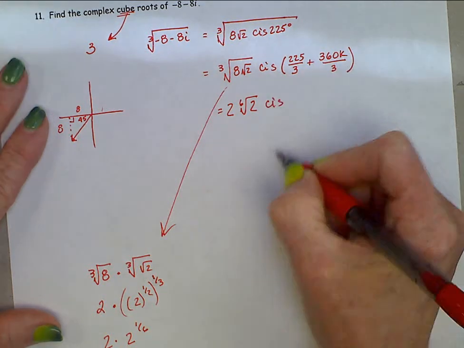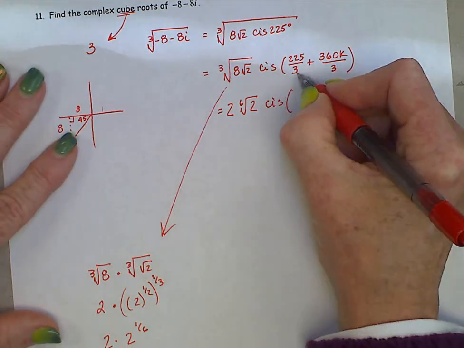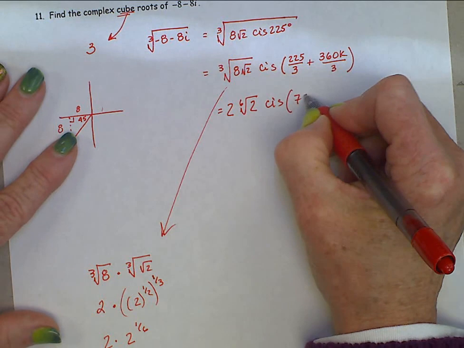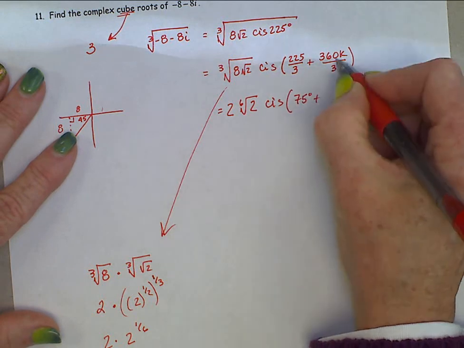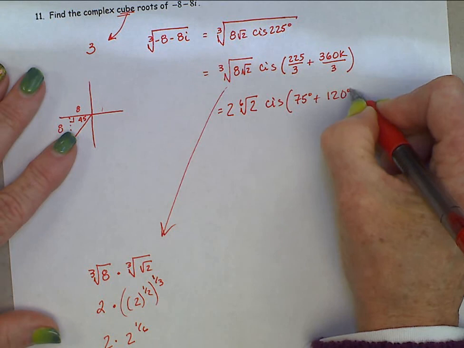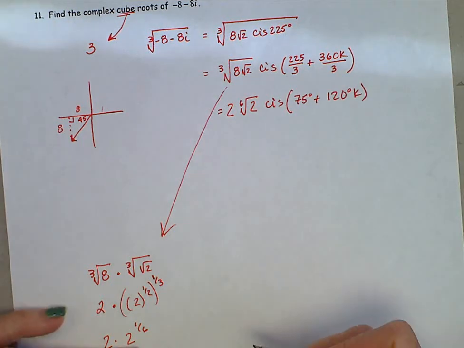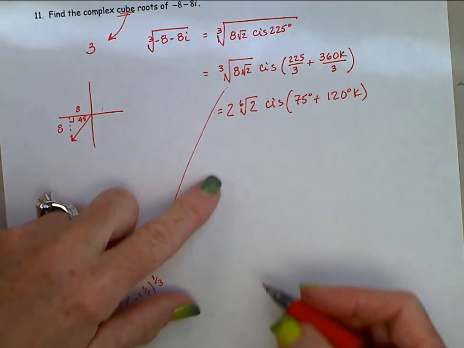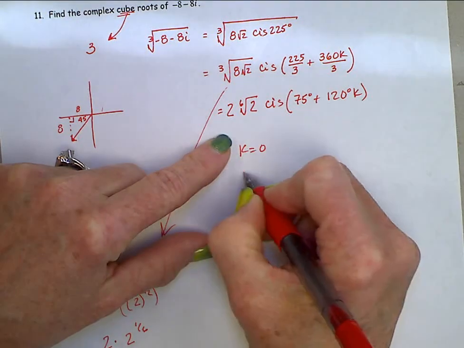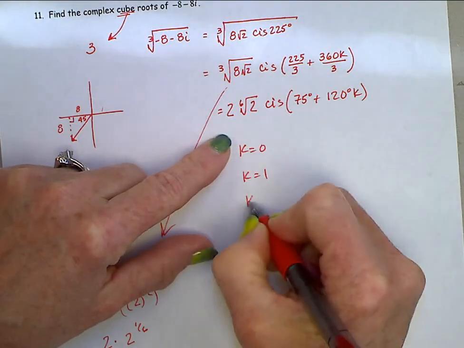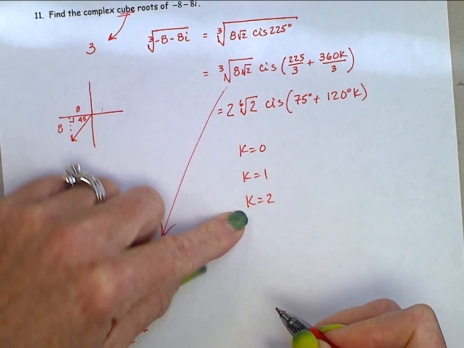cis. All right, 225 divided by 3 is 75, plus 360 divided by 3, 120k. And now to find those cube roots, we set up k equals 0, k equals 1, k equals 2, and we're going to stop right there at 1 less than the root.